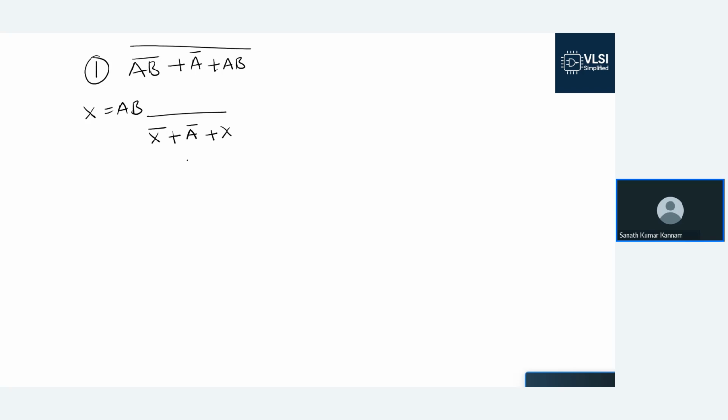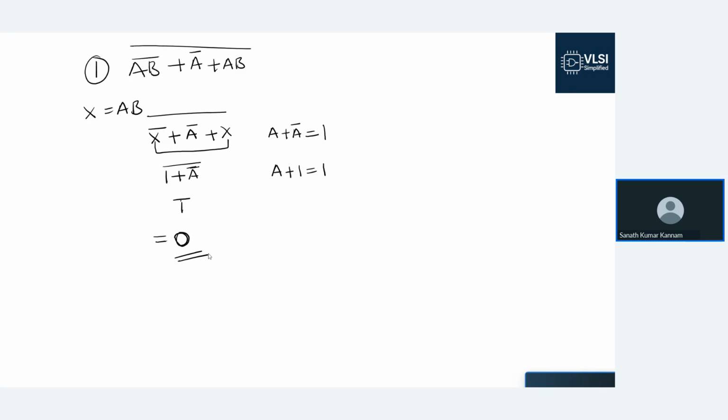From the OR law, A or A bar equals 1. So this you can write as 1 or A bar, whole bar. From the OR law, A or 1 equals 1. So this is 1 bar. So this is equal to 0. Like this you need to do.